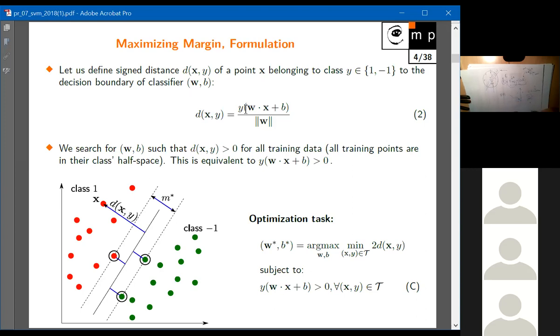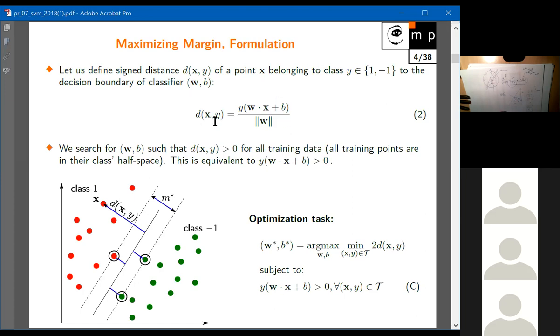So if we write W x divided by the norm of W here, this is the projection, and B is just saying, okay, our 0 will not be at point B, but at minus B. So if we want to have the separating plane here, this will be minus B divided by the norm of W. Yeah? So the B is the offset. So project and then do the offset. So this is the distance from a separating plane.